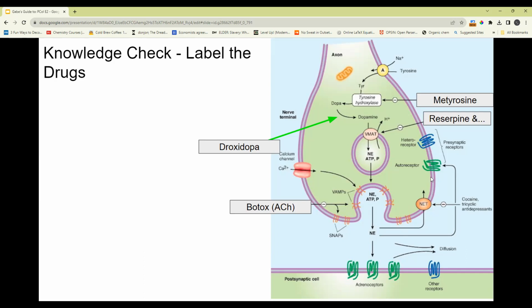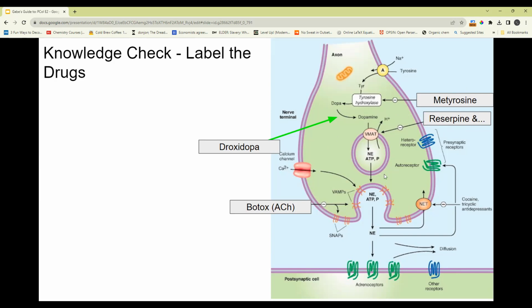You said metyrosine and tyrosine, right? Metyrosine and reserpine. So these two drugs right here. Yeah. I mean, at this point, nothing in the cell will be working except for the calcium channels. And that's literally pretty much it.